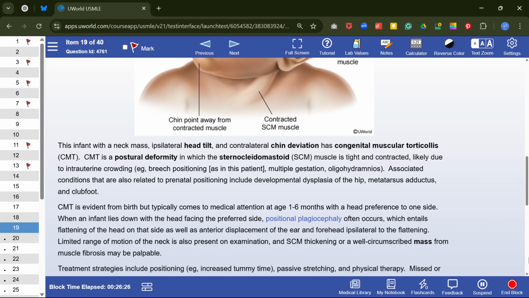Limited range of motion of the neck is also present on examination.